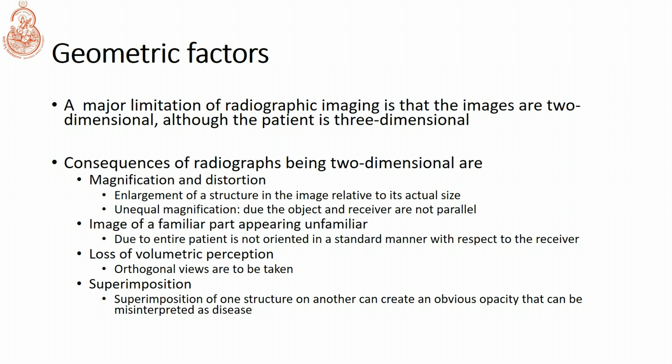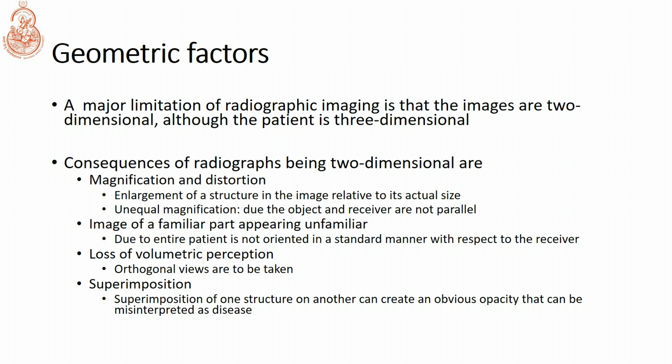But practically, a part film distance of 0 is not going to be possible, which means that we are going to see some kind of magnification of that particular organ on the image.